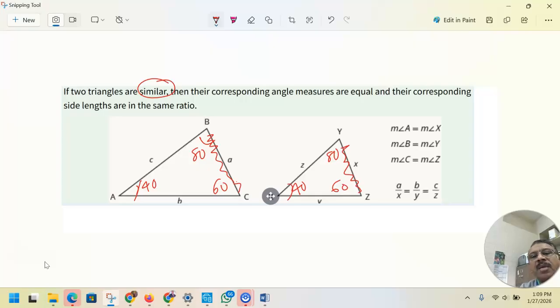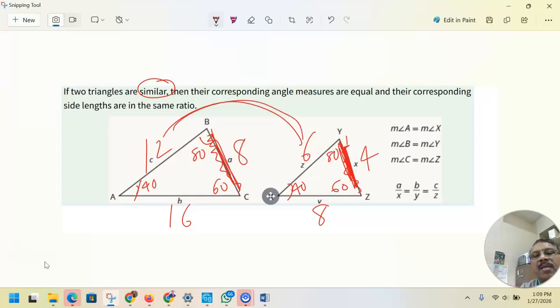Not only that, you can see the sides are proportional. Let's imagine if this side is 8, this side will be 4. If this side is 12, this side is 6. If this side is 16, this will be 8. So if the two triangles are similar, the sides are proportional.